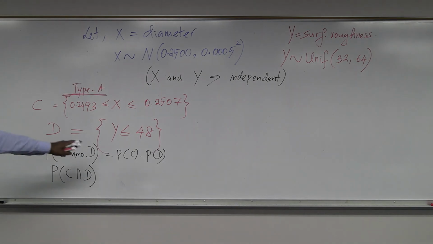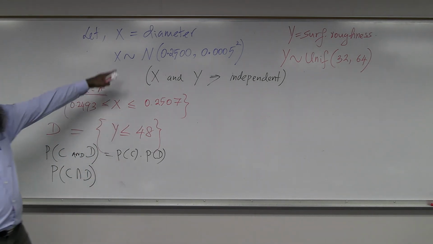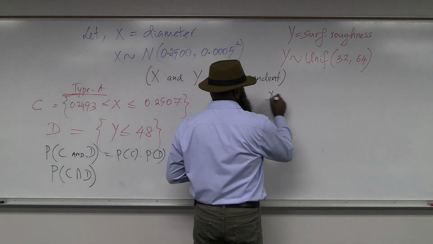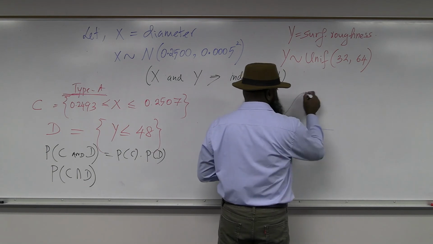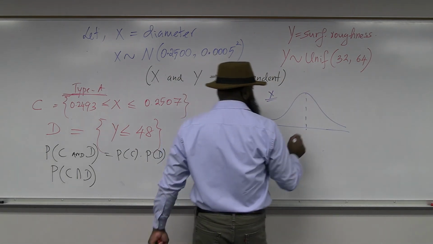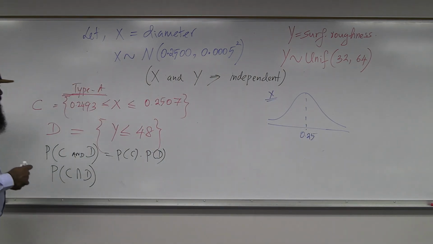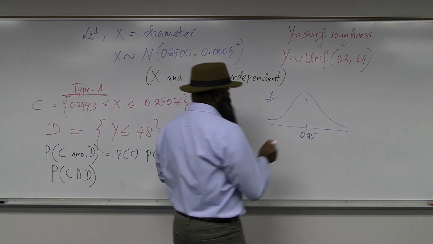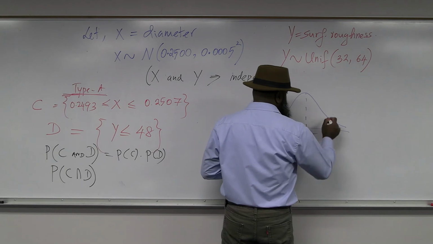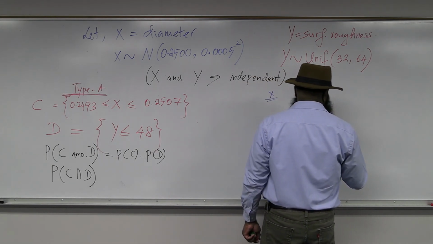Okay? So let's find probability of C. So C is about this, and X follows the normal distribution. So this is the distribution of X. It's a normal distribution. And it should be centered at 0.2500. The two given values are 0.2493, which should be on the left, and the other value is on the right, which is 0.2507.